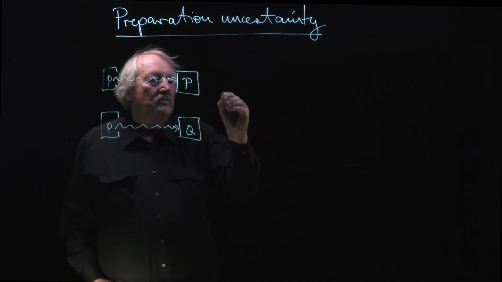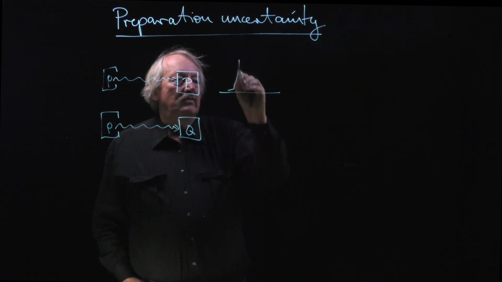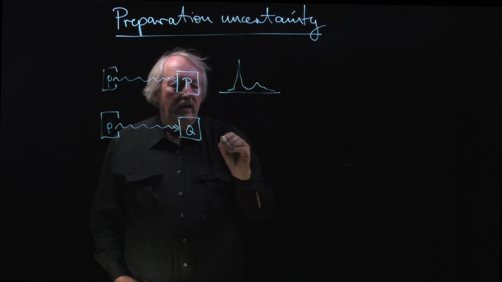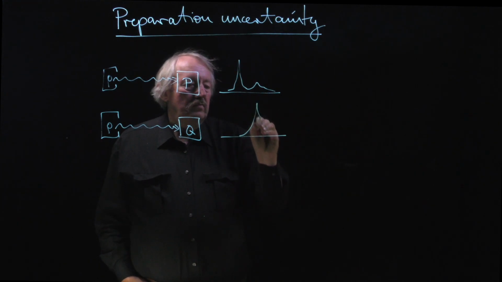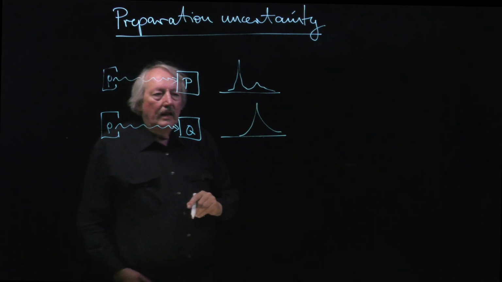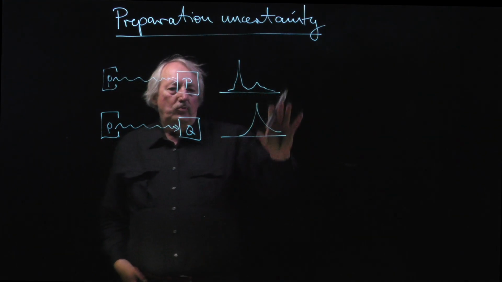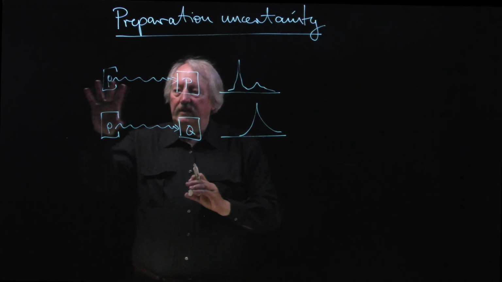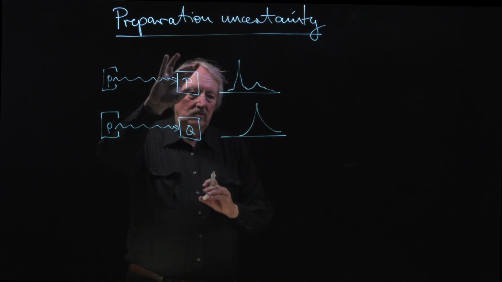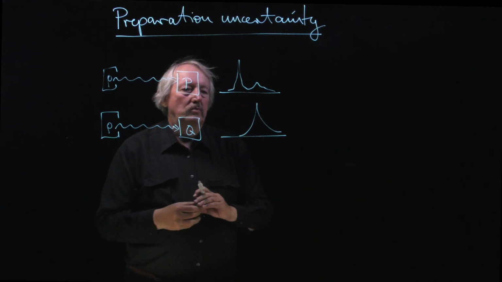And of course, this gives a distribution, some histogram, I don't care what it is. This is the experimental outcome where I fix the state and make the momentum measurement and the position measurement.